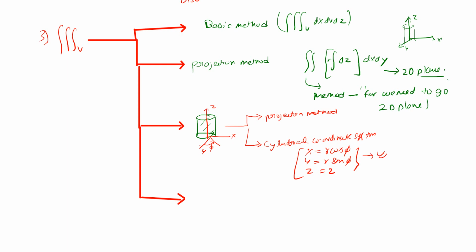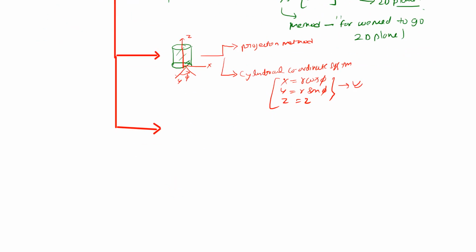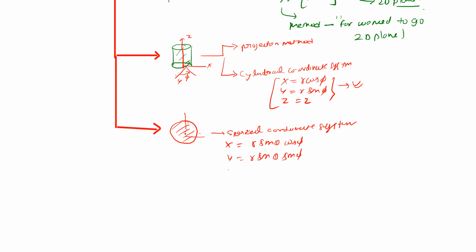And if you have a spherical type of body, then you need to go for only the spherical coordinate system, in which x equals r sin theta cos phi, y equals r sin theta sin phi, and z equals r cos theta.